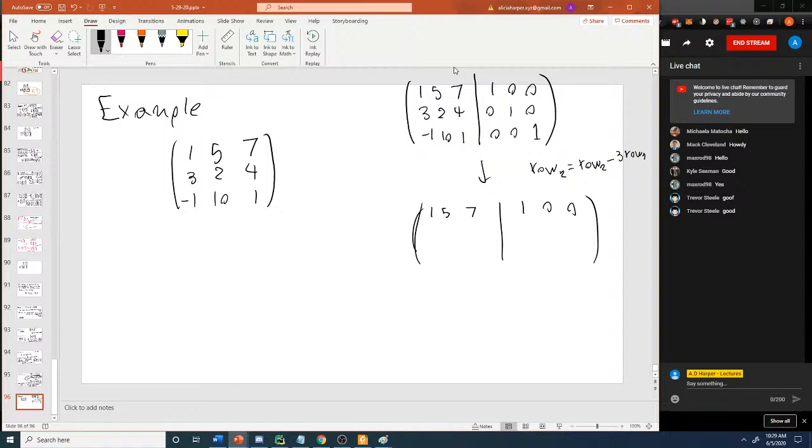And then I subtract 3 times row 1 from row 2, so I'll have a 0 here. And then I'm subtracting 15 from 2, so I'll have a -13 here. And 3 times 7 from 4, so that would be -17. And then over here I'll have -3, 1, 0, and then the bottom row stays the same.